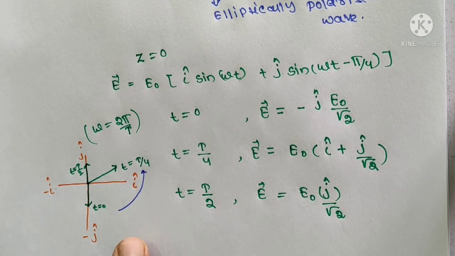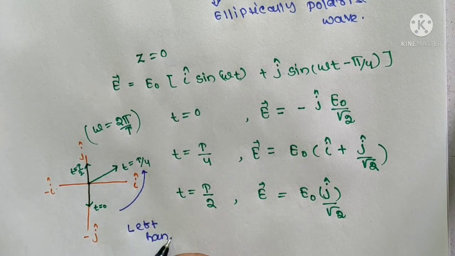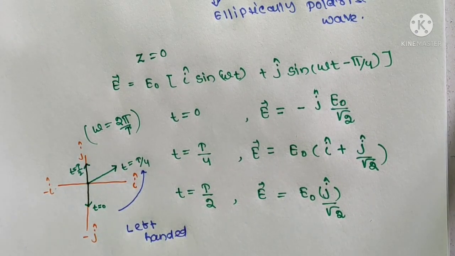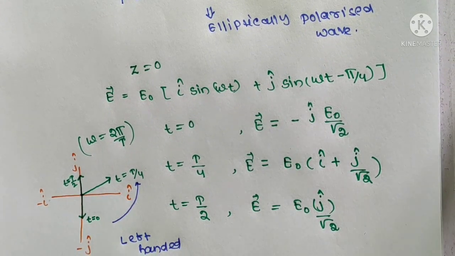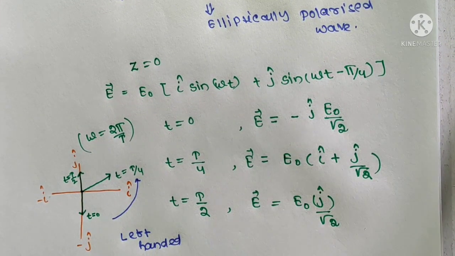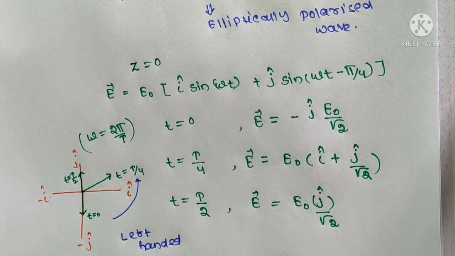So it is left-handed. So the given electric field vector is left-handed elliptically polarized light. So your correct option is option C.